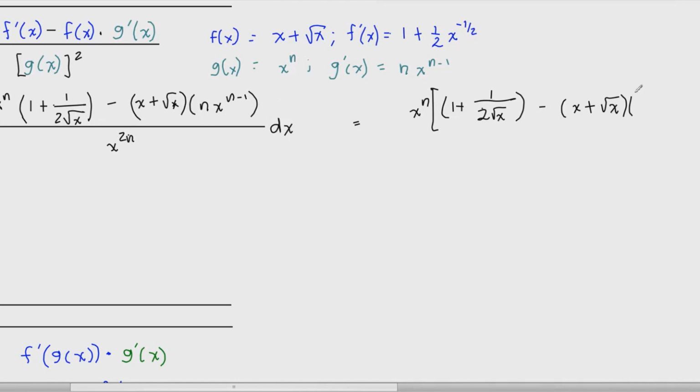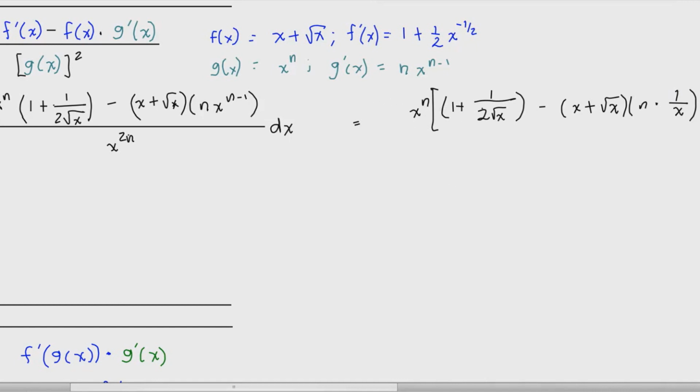So in this case, what I'll be left with is n times 1 over x. You can check it again. If you distribute this x to the n to that portion, you'll get n times x to the n times x to the negative 1, which becomes n x to the n minus 1.